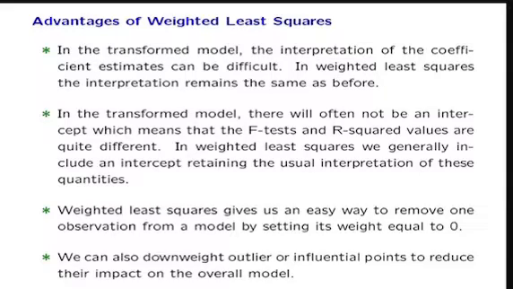Okay, and let me just say this because I need to mention. I said in the transform model, there will often not be an intercept. When you transform, the intercept is going to go away. Which means if there's no intercept, then you cannot rely on your F test and the R squared, because the F test and the R squared actually depend on the intercept.